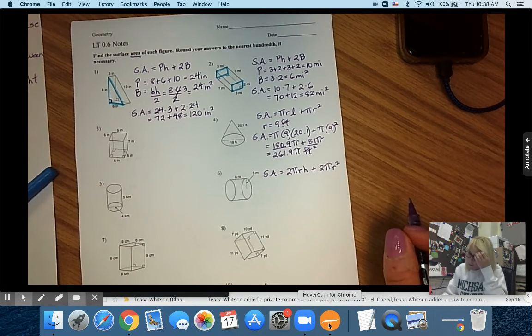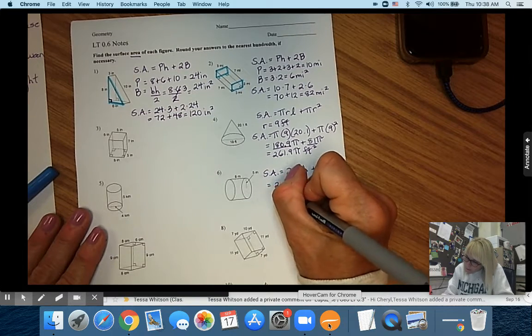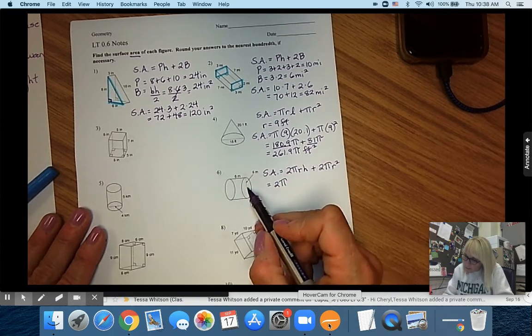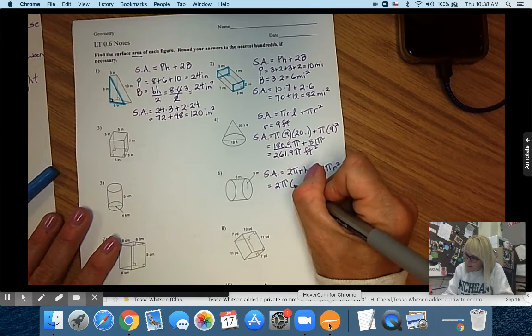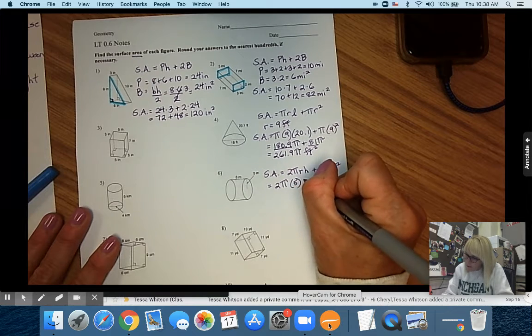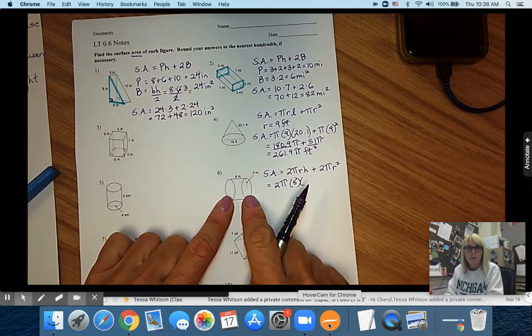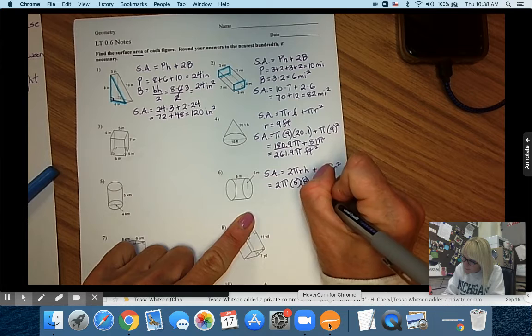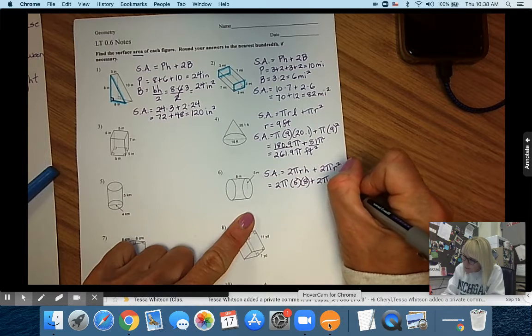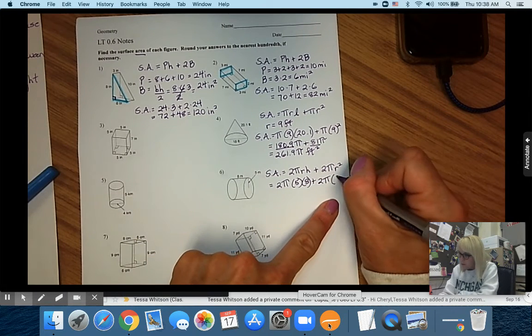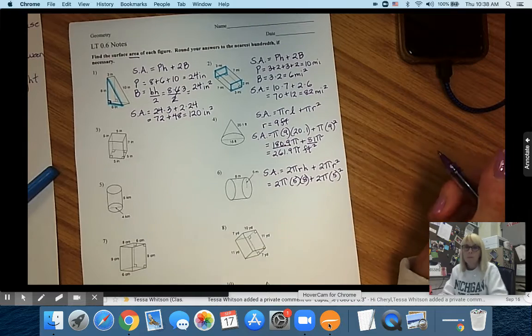Okay, so looking at this picture, 2 times pi times the radius, which in this case is 5 meters, times the height. So what you're asking yourself with height is how far apart are the circular bases, and they are 8 meters apart, plus 2 times pi times the radius, which we said was 5, squared.